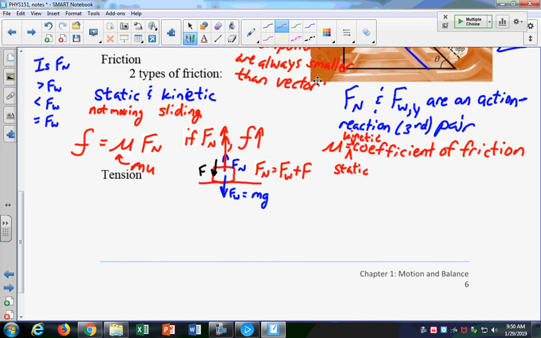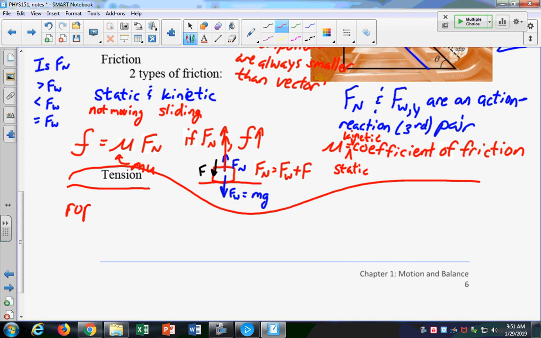Tension, we talk about in this chapter only really to redirect forces. You can use ropes and cables to redirect forces.